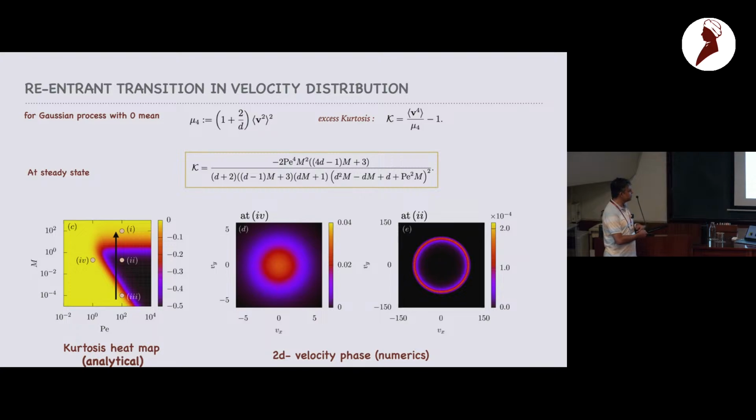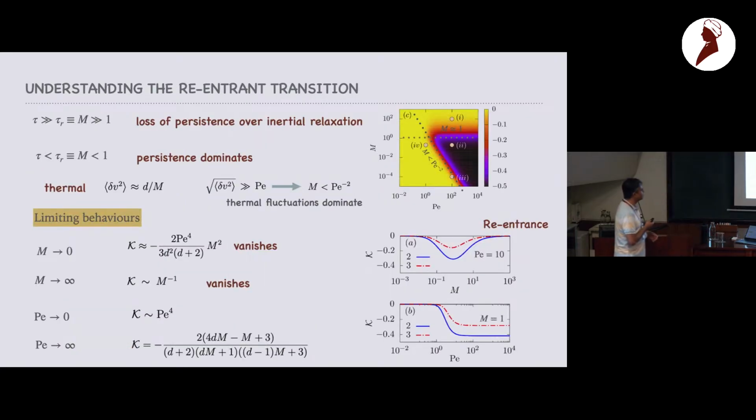The negative kurtosis is due to a probability distribution which looks like that in 2D of the velocity distribution. And at very small and very large values of inertia, it goes back to Gaussian-like behavior. This yellow part is close to 0. Of course, one can see this from the expression, but let's also try to understand how to explain this behavior.